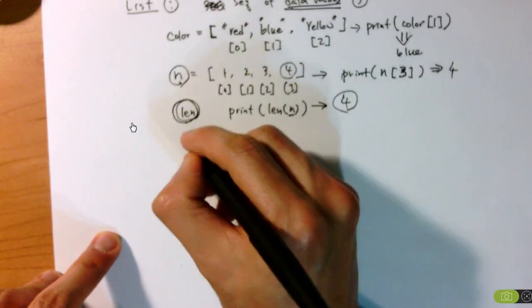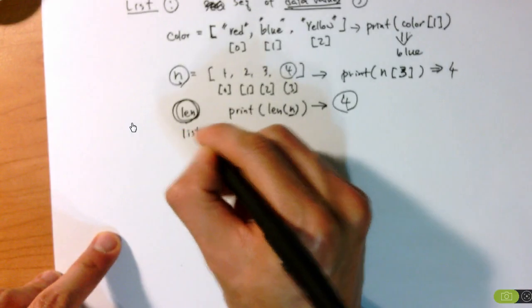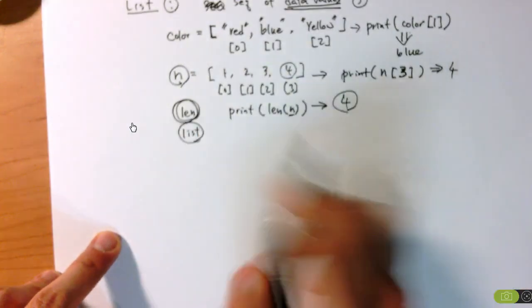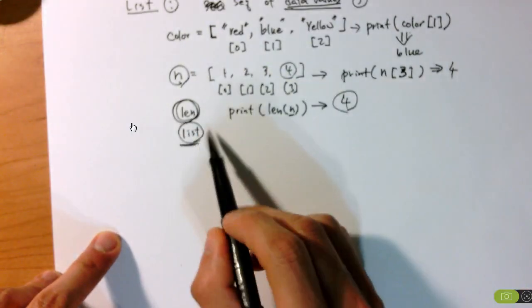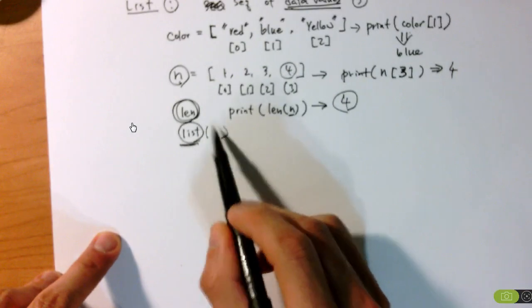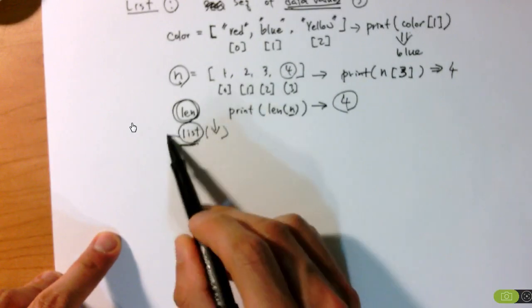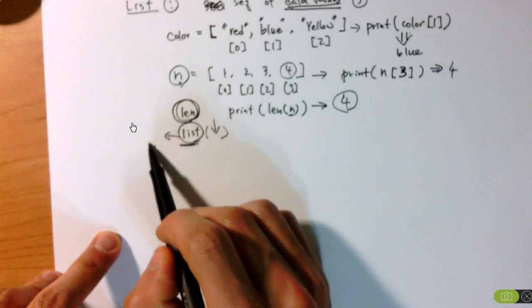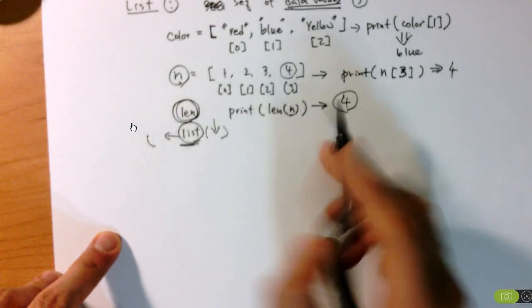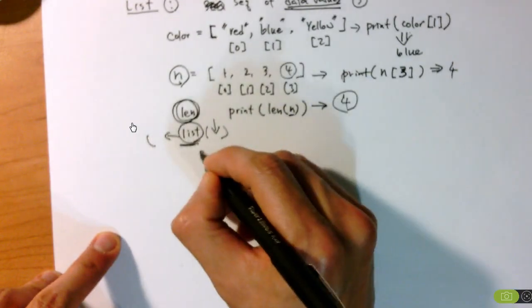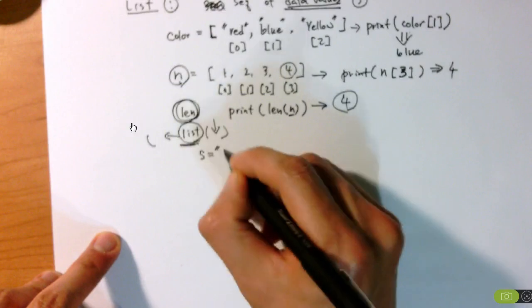Then there's an important function that you need to know, which is list. The list function takes a string as an input and returns a list version of the string. So for example, let's say s is equal to hi there.